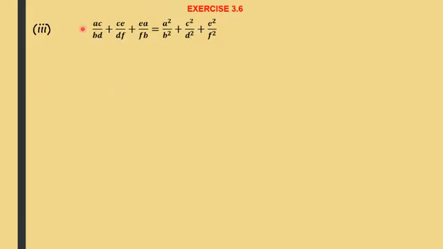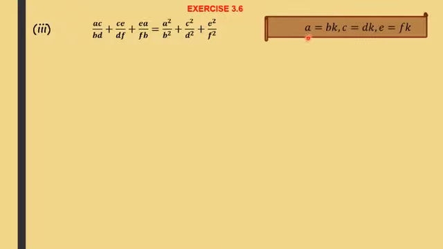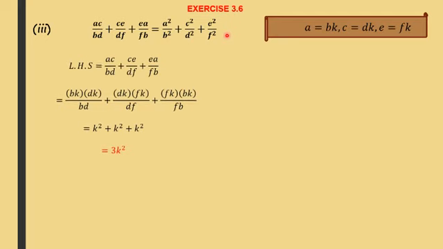The last part is AC over BD plus CE over DF plus EA over FB is equal to A square over B square plus C square over D square plus E square over F square. We know that A is equal to BK, C is equal to DK, and E is equal to FK. Take left hand side, that is AC over BD plus CE over DF plus EA over FB.